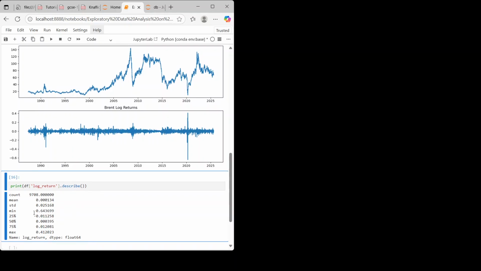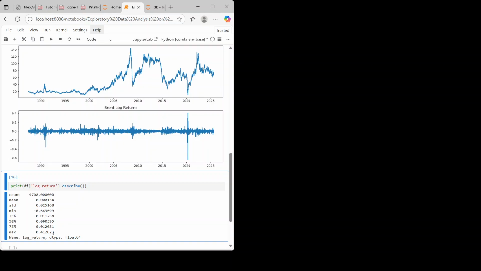So with a range between the minimum of negative 64% and the maximum of 41%, it shows that Brent crude is very volatile, because it can go down to about negative 64%, and it can also go up to about 41%. Usually if you are finding a confidence interval, we always want the interval to be as small as possible.